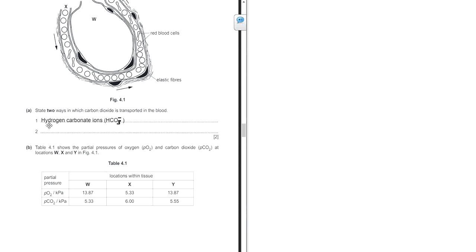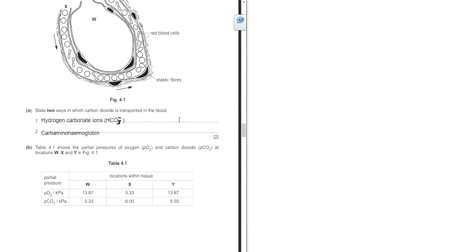And the second form in which carbon dioxide is transported in the blood, which is around 20 to 25%, is in the form of carbaminohemoglobin. Very long word.